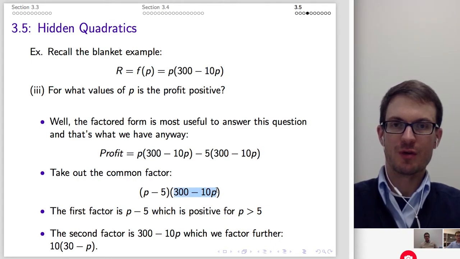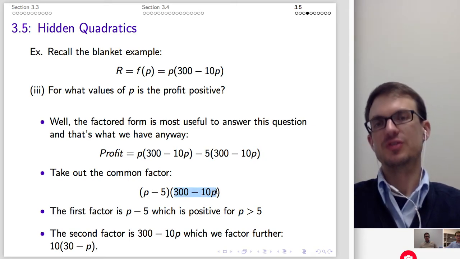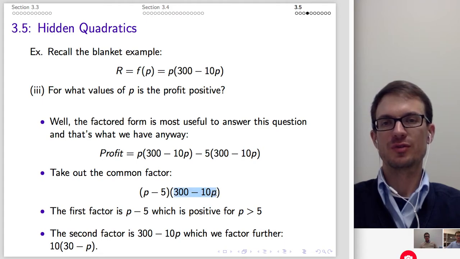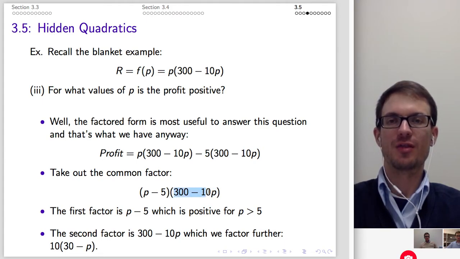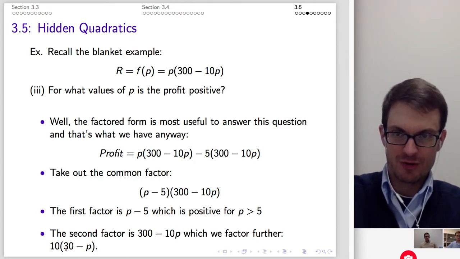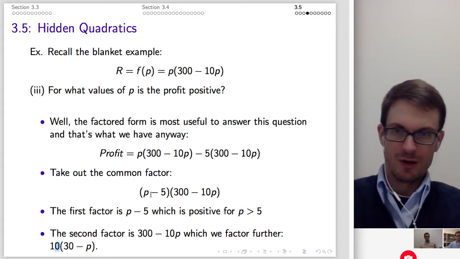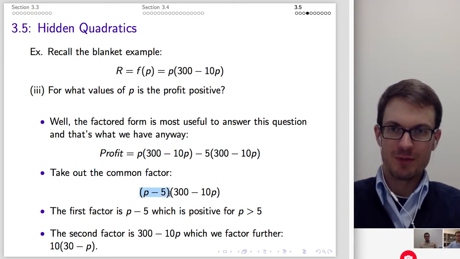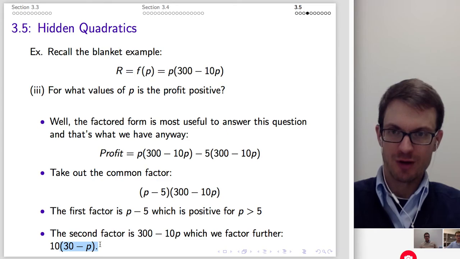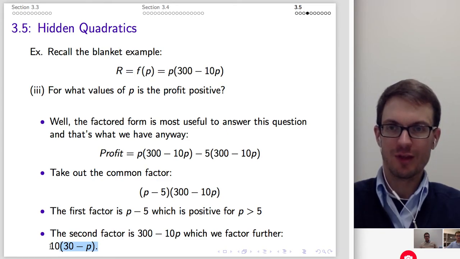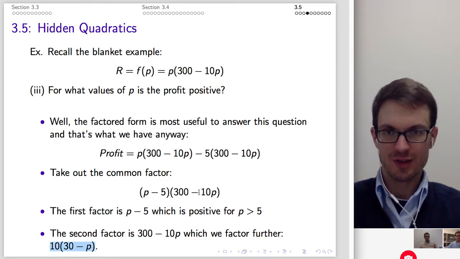This right here we already found was positive, this is 0 when price is equal to 30, and then for prices bigger than 30 it'll be negative, right? So what does this tell us? If we factor this down further, you get a better sense. Take out 10, we have our real factorization would be quantity P minus 5 times 10 times the quantity 30 minus P. Why? Well, that's because this stuff right here is just this.